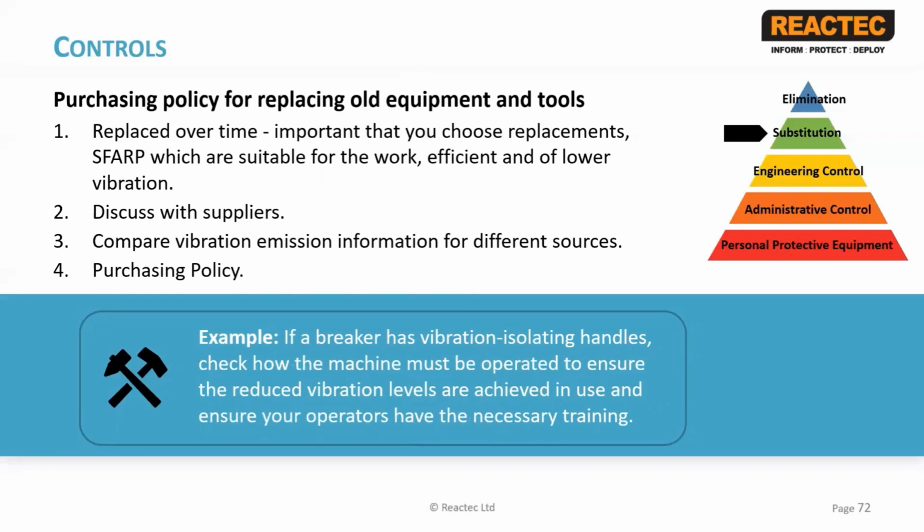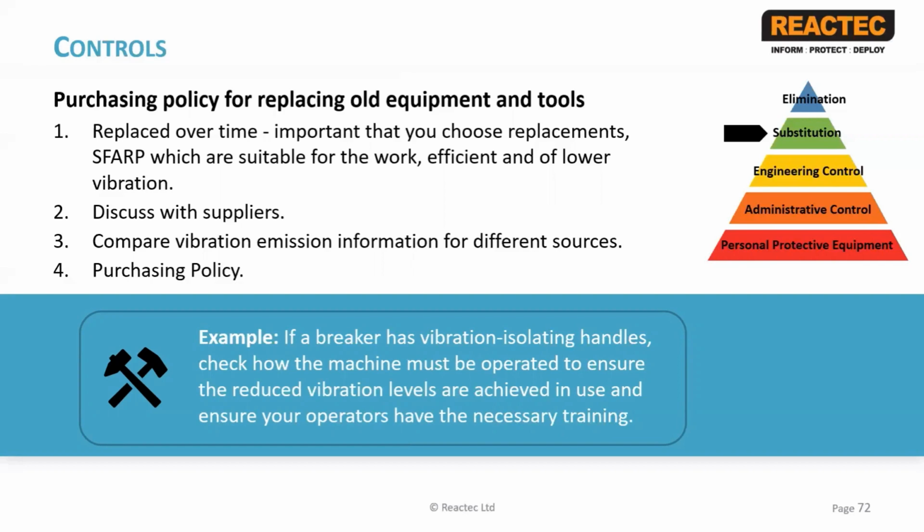In terms of substitution controls, the other important thing to consider is your purchasing policy. Ensure that your purchasing policy is in place. Discuss with suppliers how to achieve a solid purchasing policy with respect to vibration, and that should consider how often tools should be replaced, so far as reasonably possible, to be able to do the work again efficiently with as low vibration as possible.